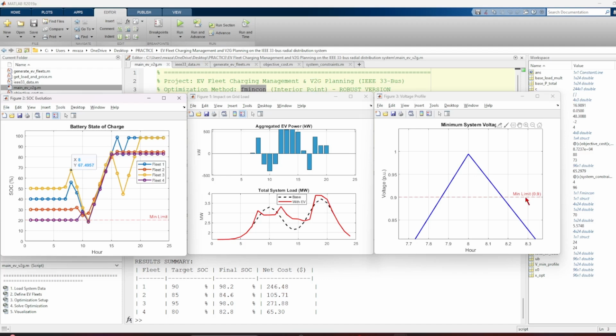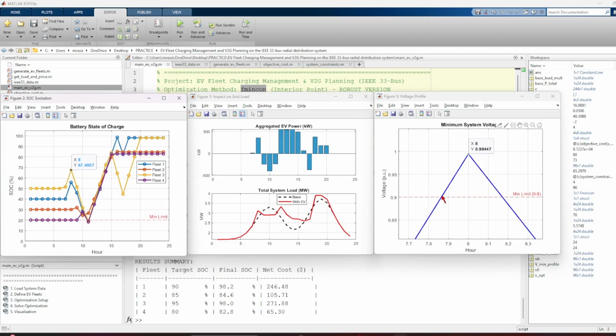The 0.9 voltage limit is what we have set as the physical limit of the grid, and our grid is not capable of remaining above 0.9 voltage. It drops below 0.85, which is not good, so we need to further maintain it.